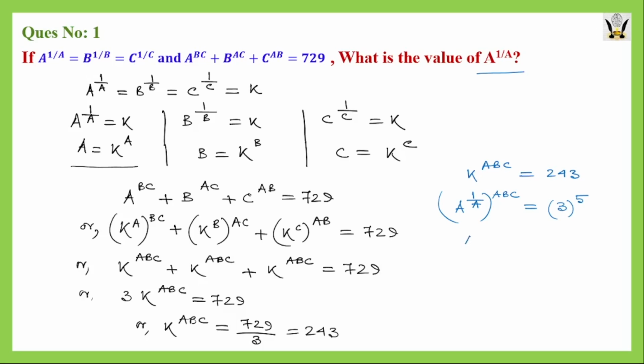So now it can be written as a to the power bc, and that will be equal to 3 to the power 5. Now in this equation, if we equate the base and the exponent separately, then we can conclude that a will be equal to 3 and bc will be equal to 5, and what we need to find is a to the power 1 by a. So that will be equal to 3 to the power 1 by 3.